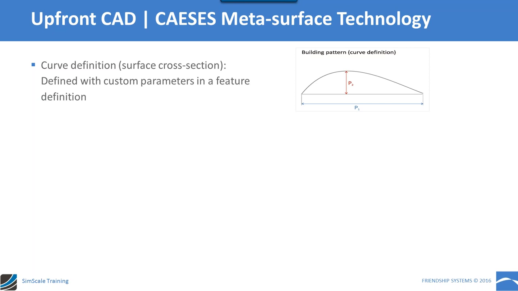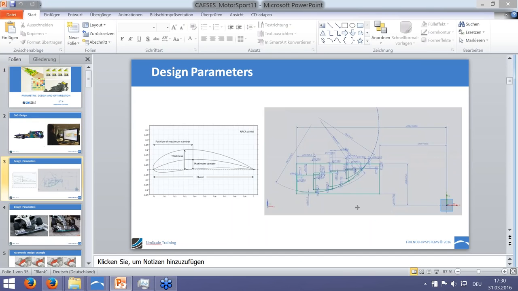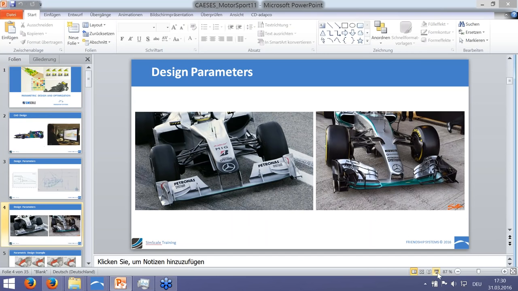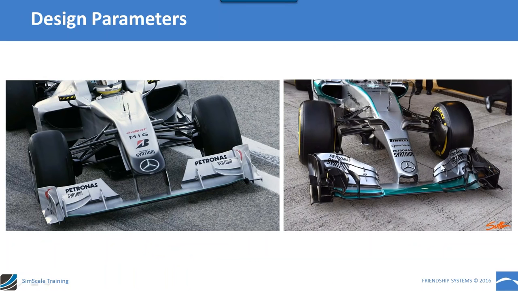Okay, so to explain it more in a real case, I will go back here to this picture. Imagine we take a section here in this upper element of the airfoil, of this flap, and we will have a profile there, and this profile is characterized by parameters.